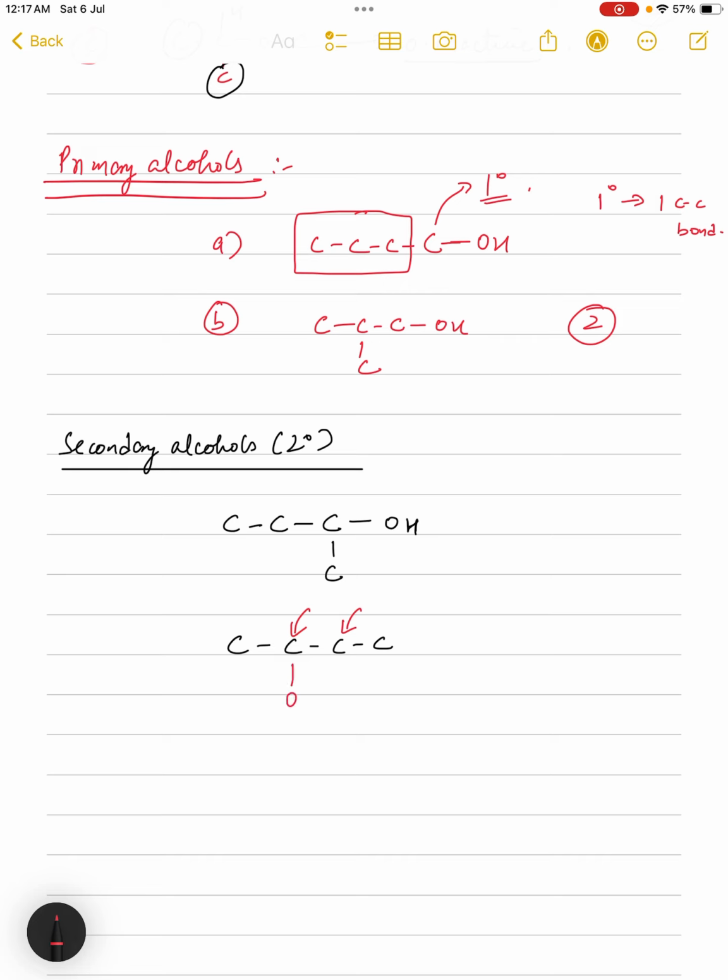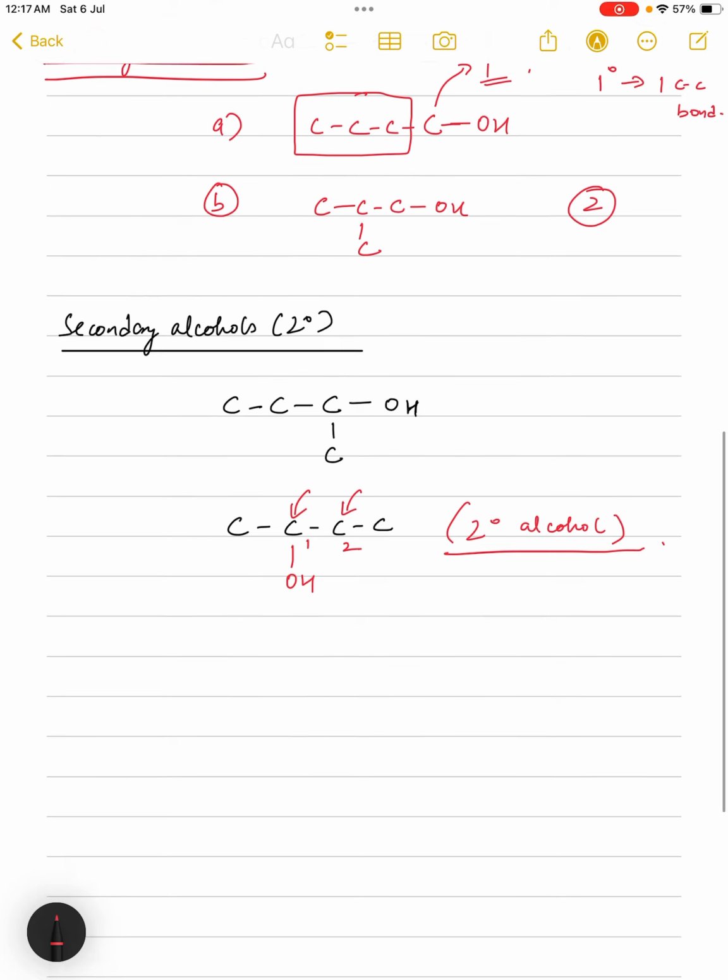If I attach OH here, it is a 2 degree alcohol, but attaching the OH at C1 and C2 will give you the same molecule. Why it gives the same molecule, I will leave to you. Just think why attaching the oxygen at C1 or C2 gives the same type of secondary alcohol.